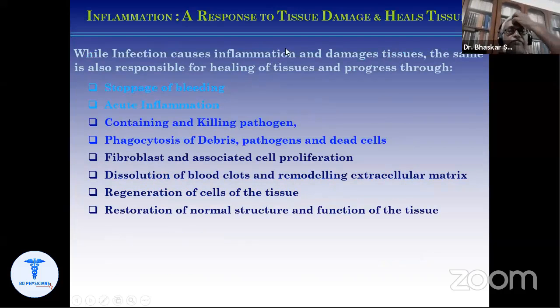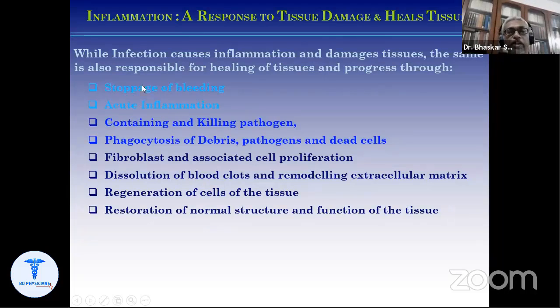So basically, while inflammation is a response to tissue damage, it ultimately ends in healing of tissues. While infection causes inflammation and damages tissues, the same process is also responsible for healing. First, the bleeding has to be stopped, and then there is a very quick inflammatory response.